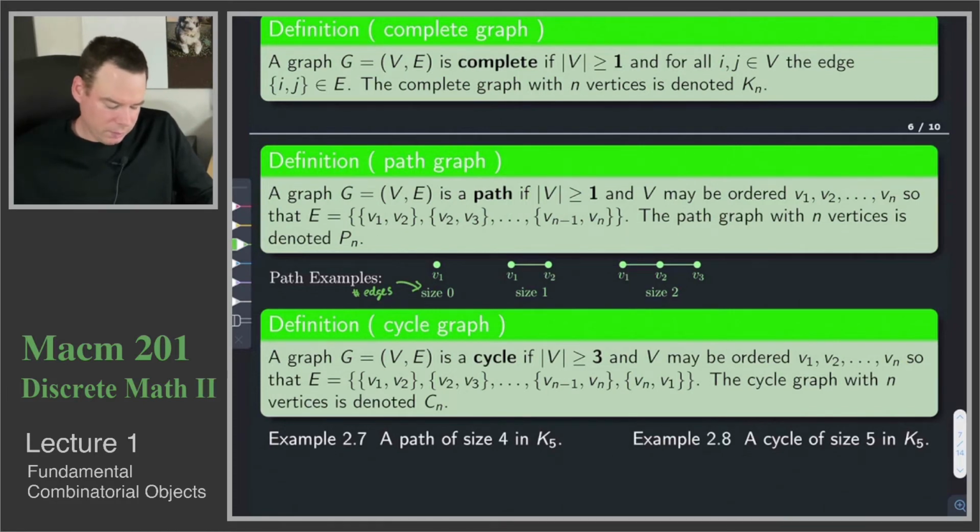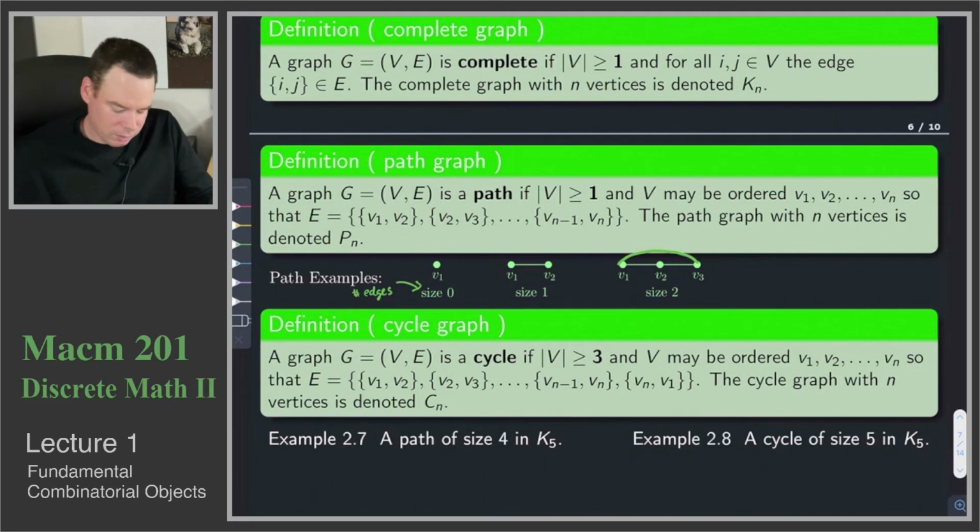A cycle graph is pretty much a path graph with one extra edge that connects the start to the finish. And in this case, we're going to assume that a cycle has at least 3 vertices. So when I look at that last path example of size 2, we make it a cycle by just joining the last vertex back to the first.